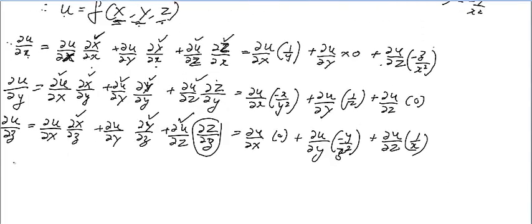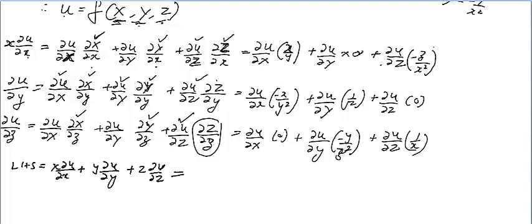So on the left hand side, x ∂u/∂x plus y ∂u/∂y plus z ∂u/∂z. When you multiply x with that, you get x here, x here, x here, and this will be cancelled out. Now when you multiply y here, this y will be cancelled, and you have a y here.